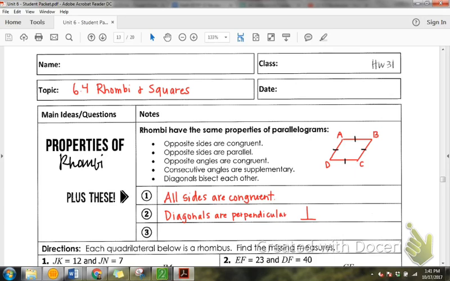What's created down here in the corner? A right angle. So when you have the diagonals in a rhombus, they're not congruent, they're not the same length, but you've created 4 right angles there in the middle.